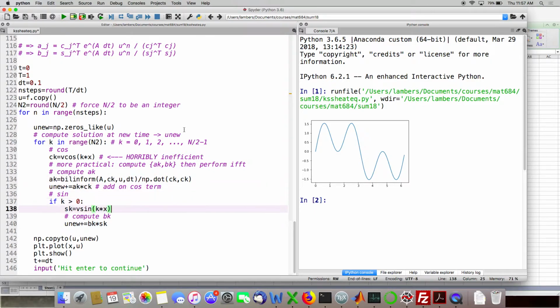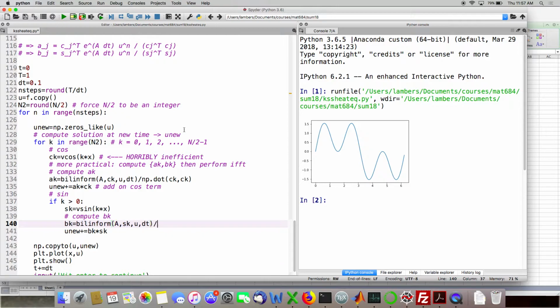And also down here, matrix A, vectors SK and U, dt over the dot product of SK with itself. So it's these formulas down here that I'm using.